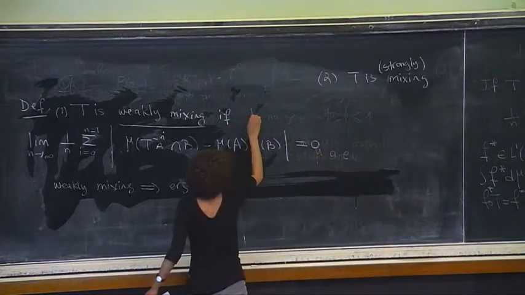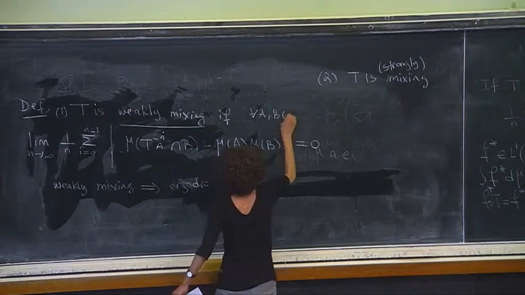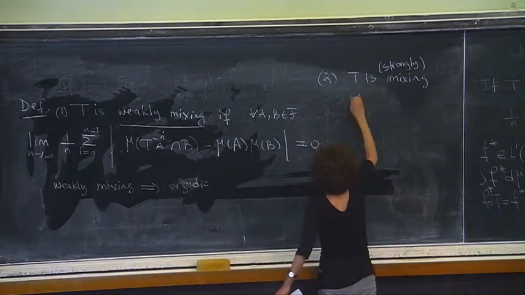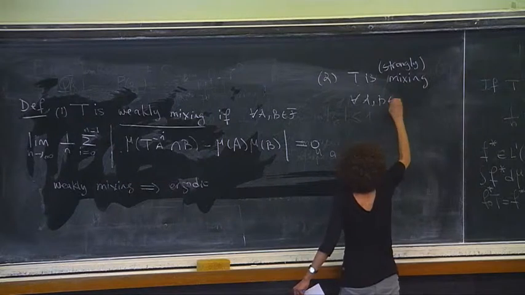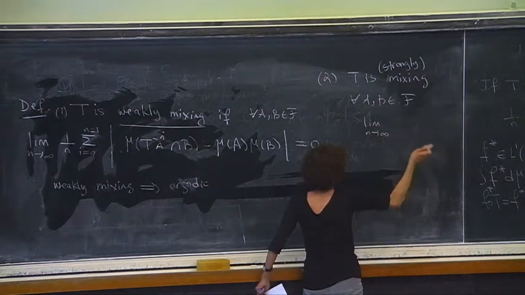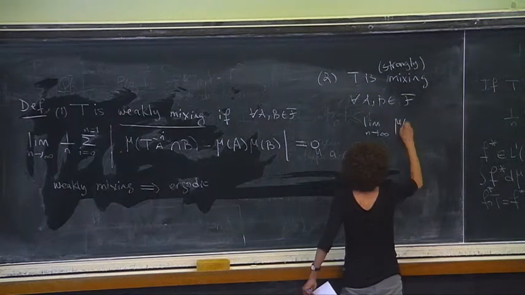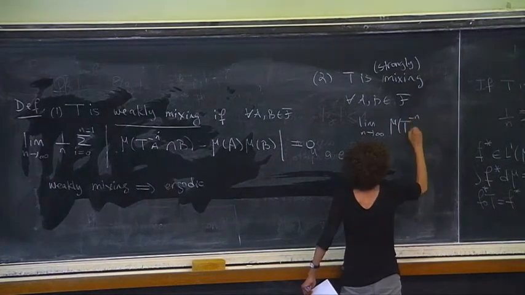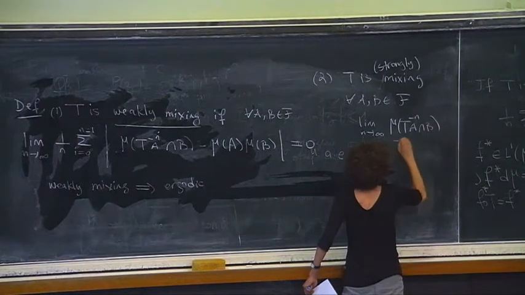Of course, here it is for every A and B measurable, and here too. You have a limit, and this is as close as you can get to independence, namely mu of T minus n A intersection B is the product.